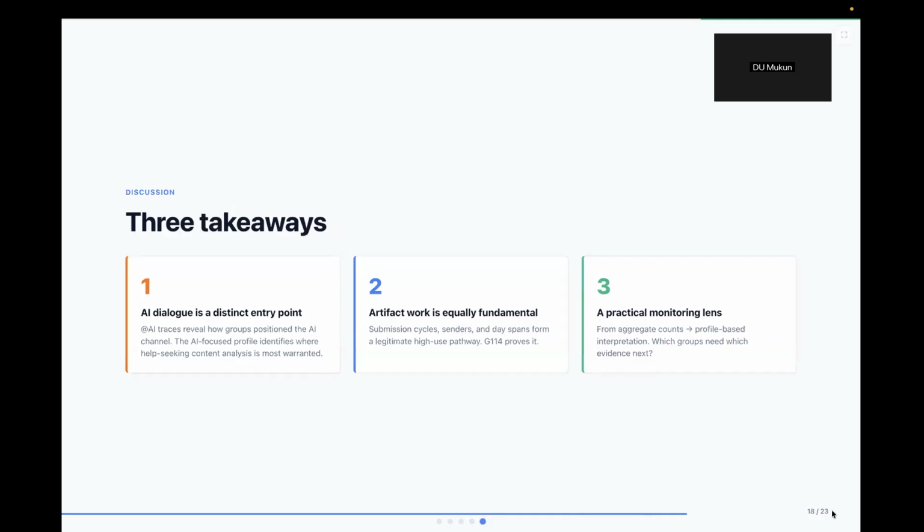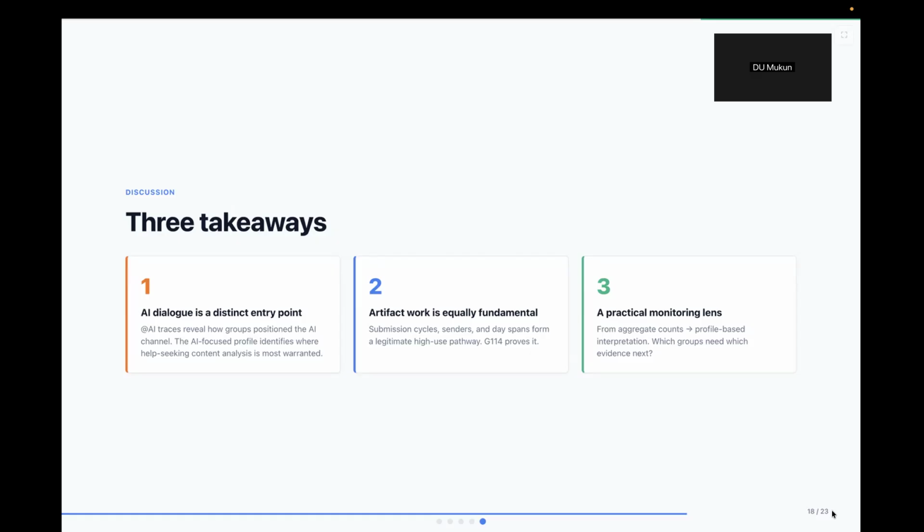And here are some takeaways. The first and second are, of course, in LLM-mediated feedback systems, AI dialogue and the report uploads. They are two different approaches of using the system. We should treat them differently instead of putting all of them into a single activity signal.